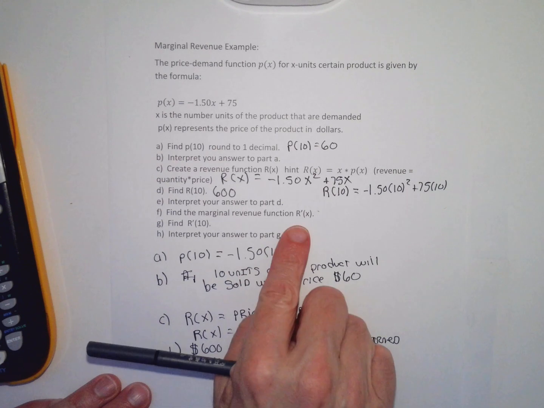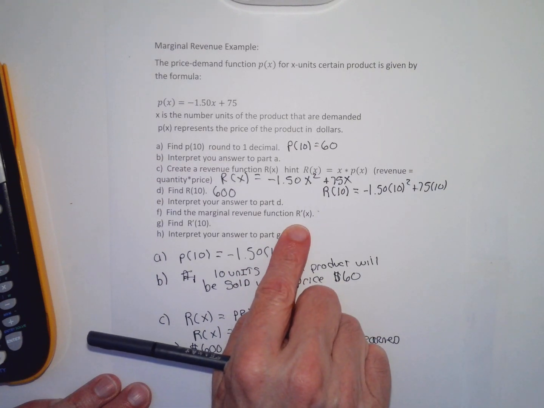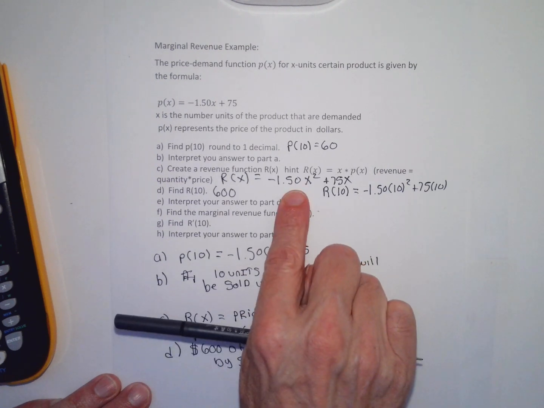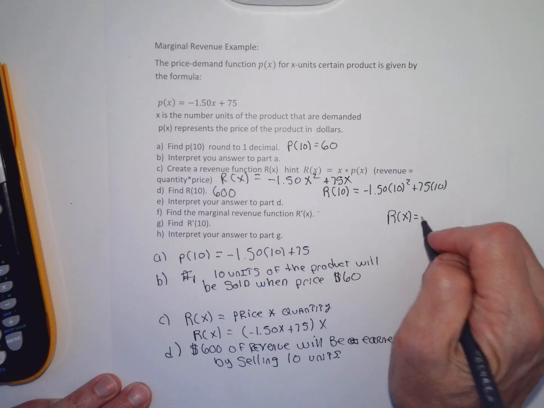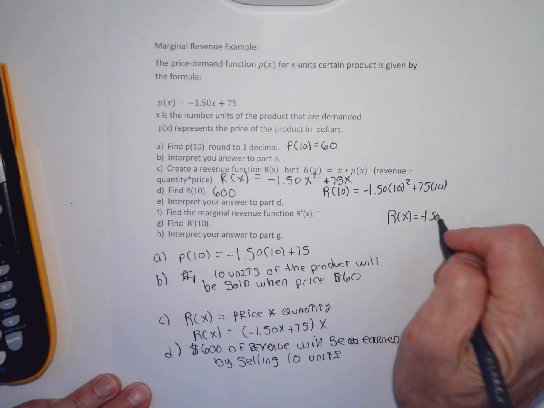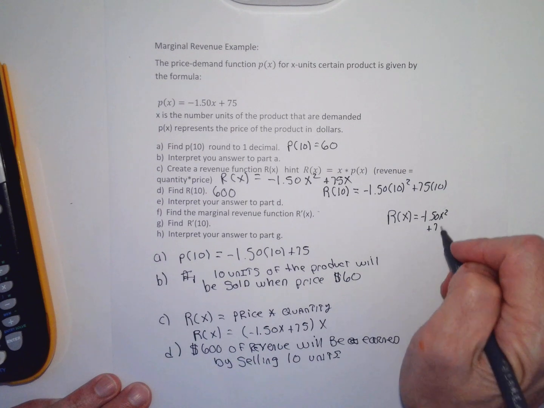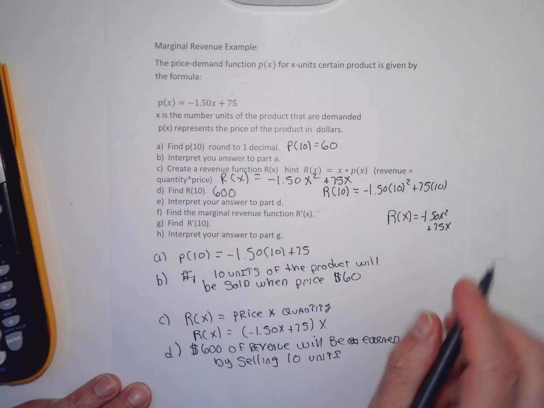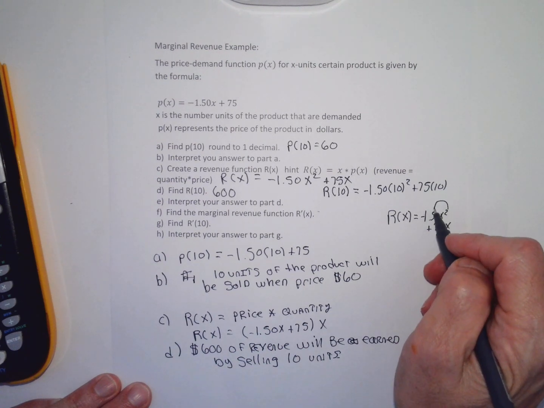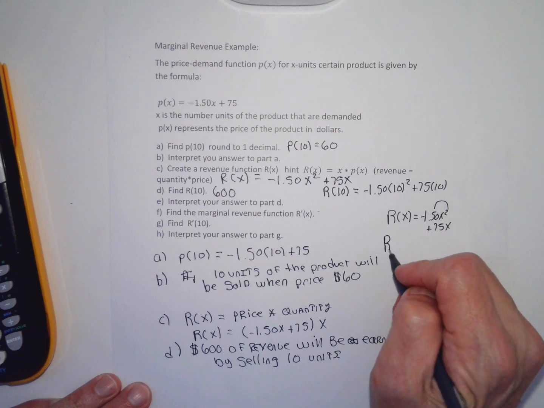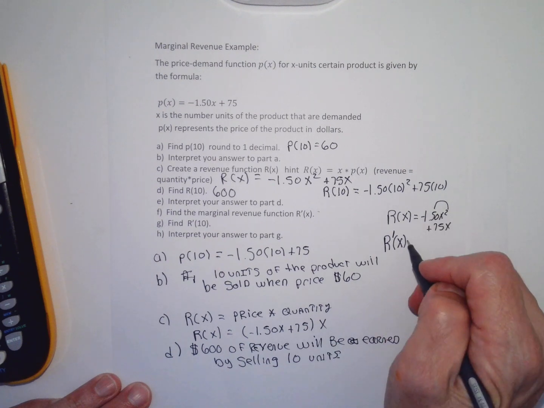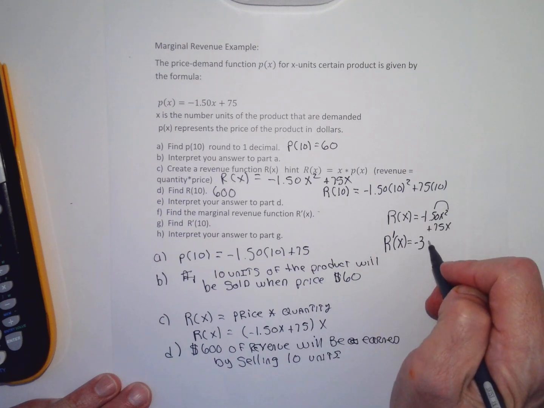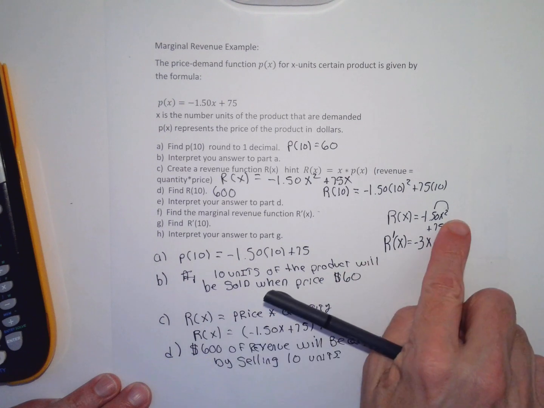Now I'm going to move on to part F and find the derivative of the revenue function, which is the marginal revenue function. So I'm going to take the revenue function, which is negative 1.50 x squared plus 75x, and I'm going to take its derivative. I'm going to use the power rule and go 2 times negative 1.5. I'm going to write my derivative symbol. 2 times negative 1.5 is negative 3.0, and then times x, so lower the exponent by 1.